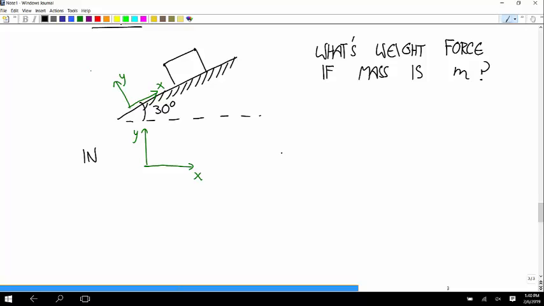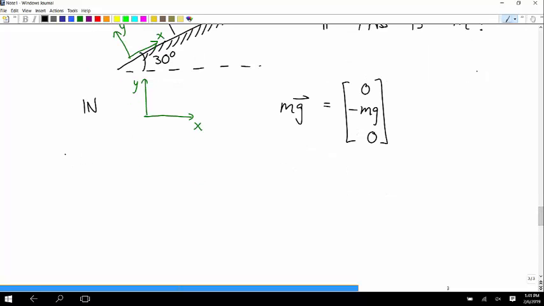Weight force, call it mg, is equal to 0, negative mg, 0, right? So now let's think of it as we know what that vector is in the usual coordinate system, and we want to do a coordinate system transformation from this into that rotated one.